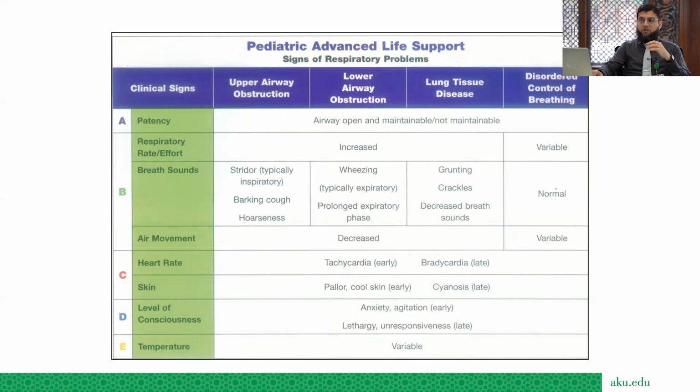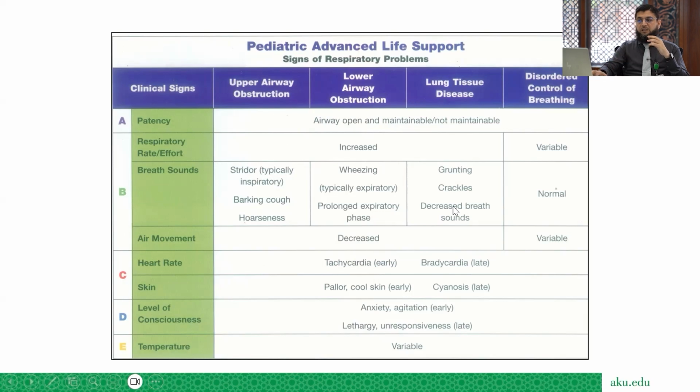There is increased work of breathing in all the cases. However, you can hear the stridor, you can hear the barking cough, you can hear the hoarseness of voice in the upper airway obstruction. In the lower airway obstruction, you can hear the wheezes, whether it is expiratory, whether it is prolonged expiration, whether it is both inspiratory and expiratory. In the lung tissue disease, you can hear the crackles, decreased breath sounds, and grunting.